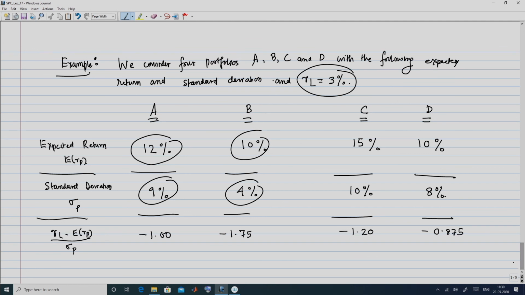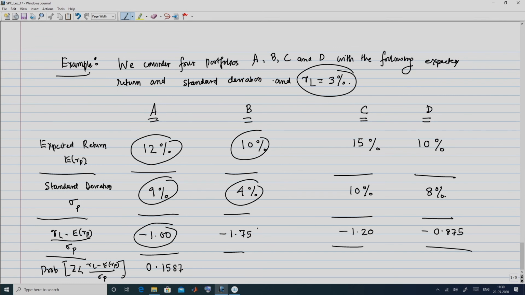So, now we will calculate the probability of Z being less than (R_L minus E[R_p]) over sigma_p. What is the probability that Z is less than minus 1? This probability from the table turns out to be 0.1587. The probability that Z is less than minus 1.75 is 0.0401.